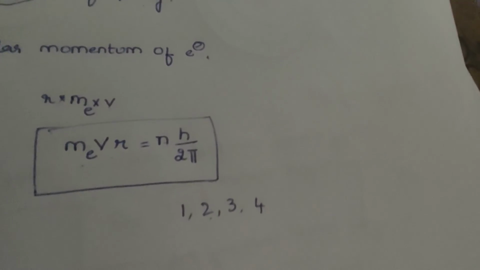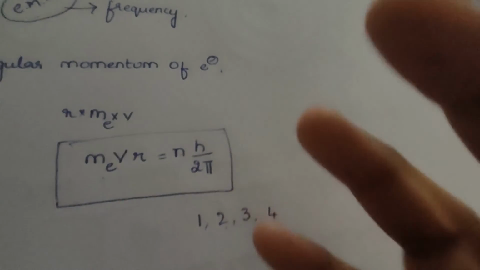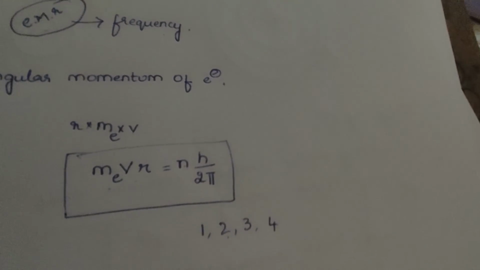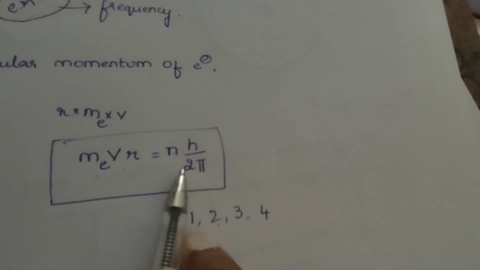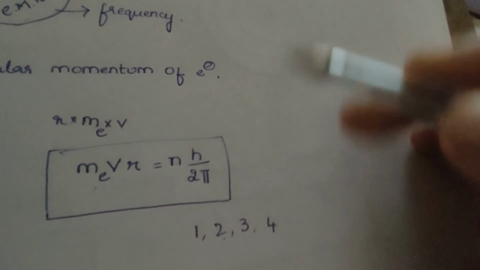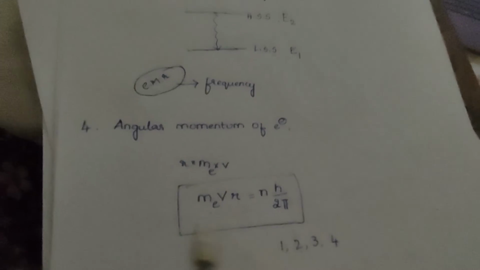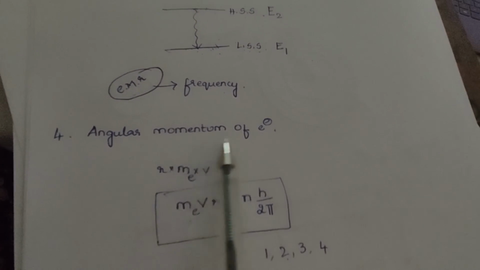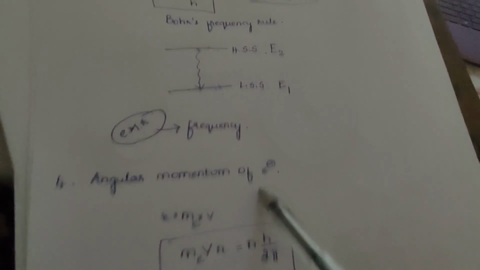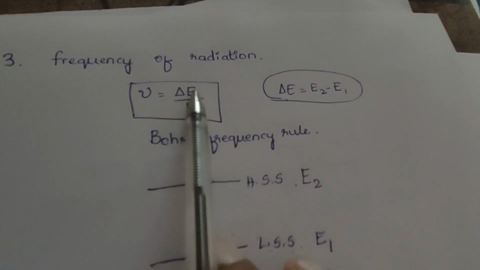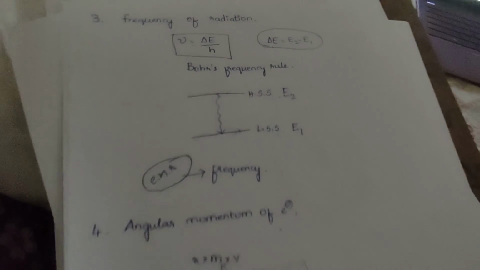See, radiation is emitted or absorbed only when a transition takes place from one angular momentum to another angular momentum. So this is the fourth postulate. So the angular momentum of the electron is quantized. Frequency of radiation nu is equal to delta E by h.